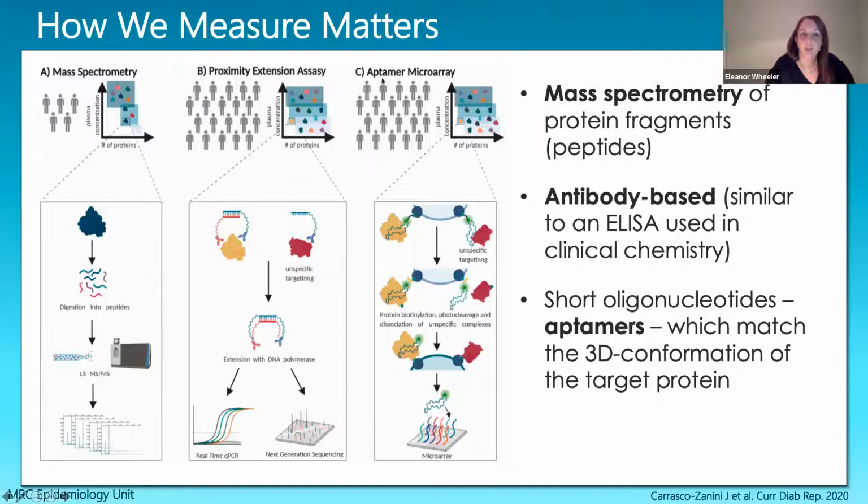The SomaLogic technology, the aptamer microarrays, uses modified DNA fragments that bind to the protein by matching the 3D shape of the protein. In the assay that we used, there were almost 5,000 proteins, but the latest platform can measure almost 7,000.